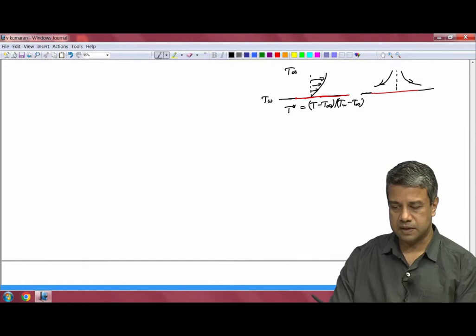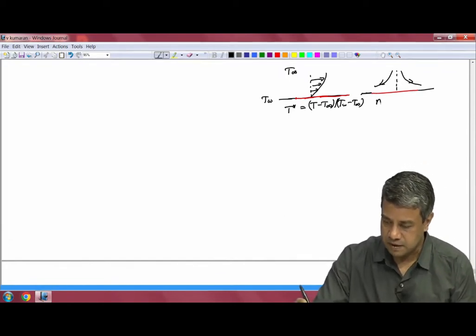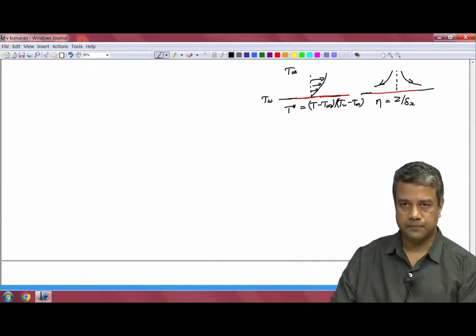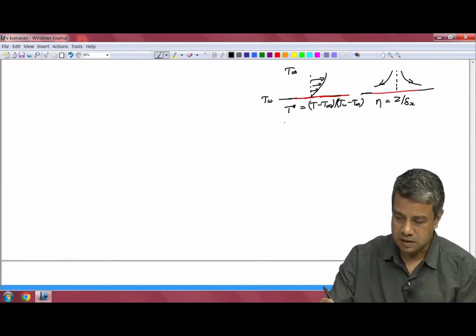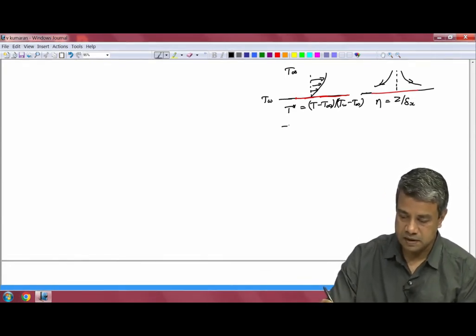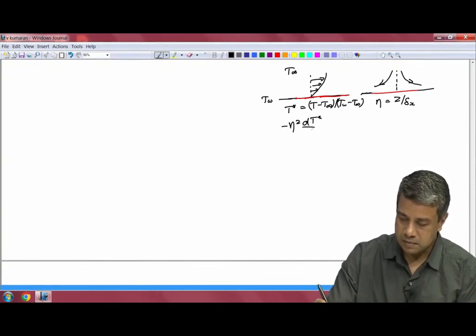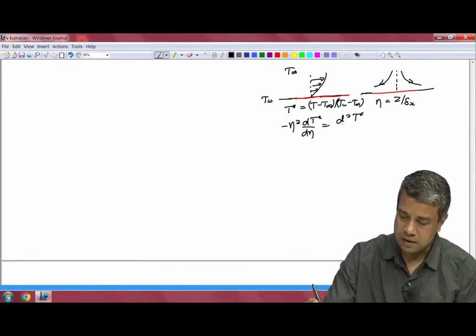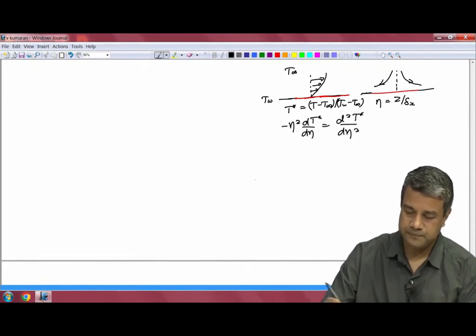We got this T star as a function of eta, which is equal to z by delta x. In both cases, the equation for temperature in terms of delta x was minus eta square dT star by d eta is equal to d square T star by d eta square.